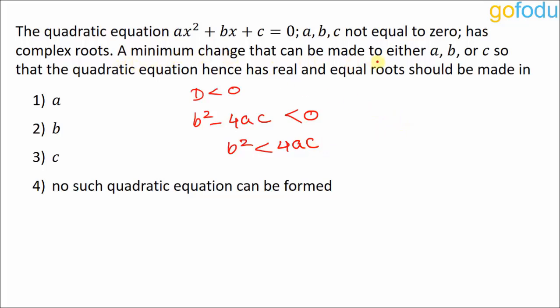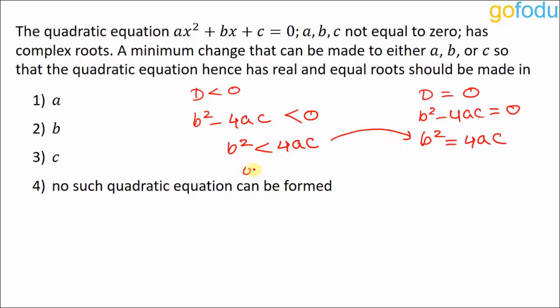Minimum change that can be made to either a, b or c so that the quadratic equation has real and equal roots. For real and equal roots, discriminant has to be 0. That means b square minus 4ac is equal to 0. That means b square is equal to 4ac. So we have to make a minimum change in either a, b or c so that we reach from this situation to this situation.